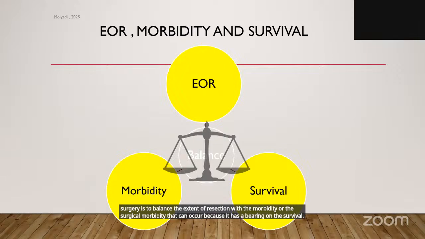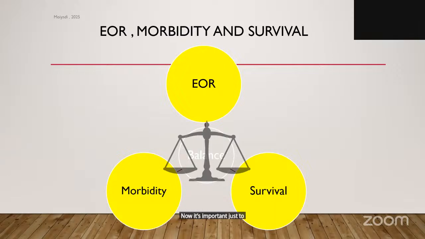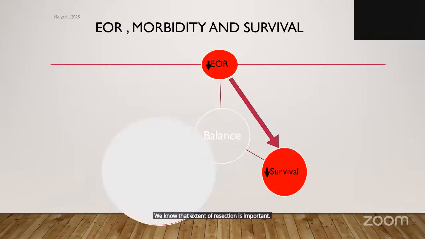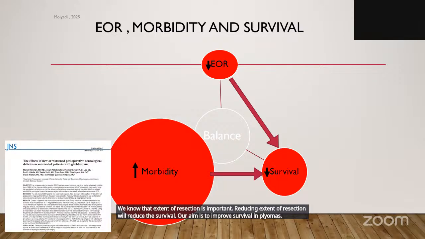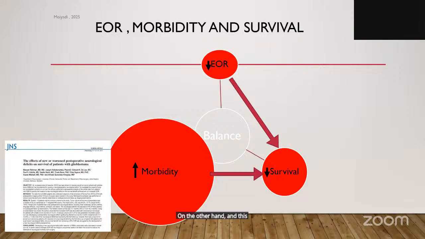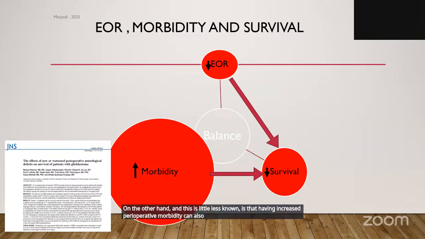Now, it's important to understand the interplay between these three factors. We know that extent of resection is important. Reducing extent of resection will reduce survival, and our aim is to improve survival in gliomas. On the other hand, and this is a little less known, increased perioperative morbidity can also reduce survival.